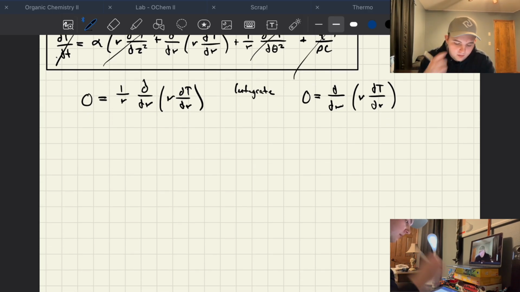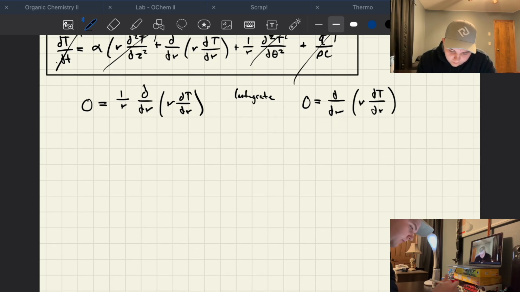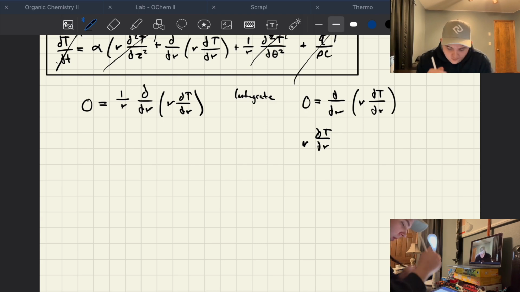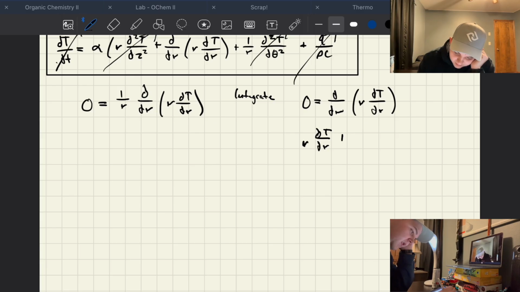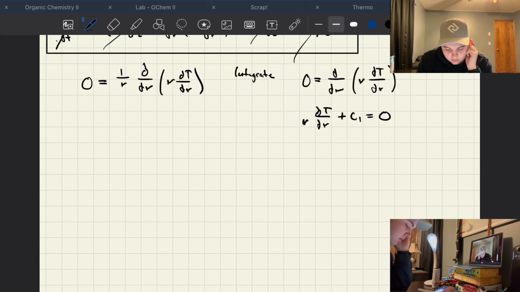Okay, looks good. And then we can simplify to r dt dr equals a constant of integration. Okay, that looks good.